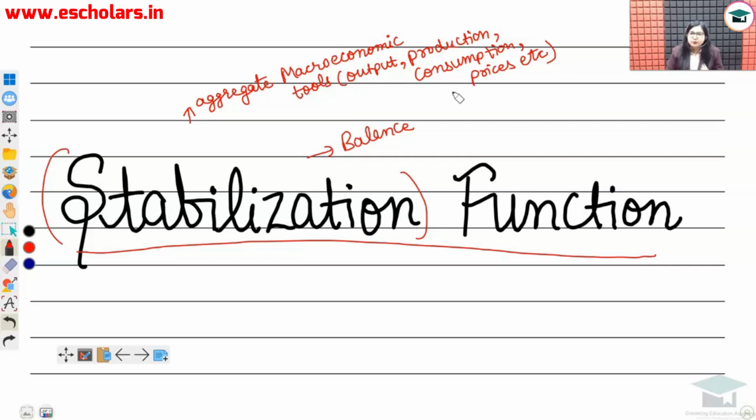So if we want a stable economy, we should focus on having stable aggregate macroeconomic variables such as output, production, consumption and prices. The stabilization function is basically the function relating to bringing stability to the economy.